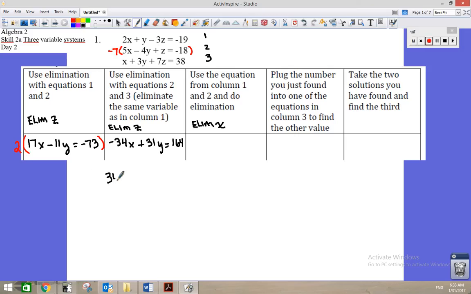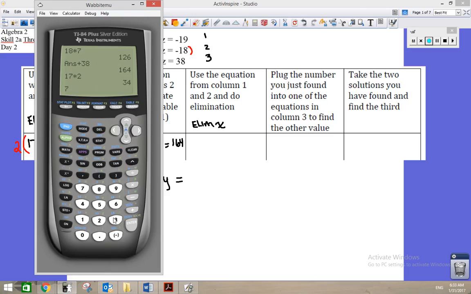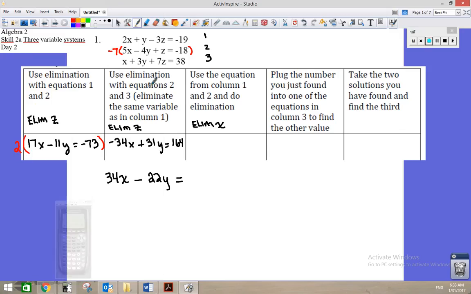So I get 34x minus 22y. And when I double 73, actually it's negative 146, isn't it? Now, when I add the second equation, let's see what we get.